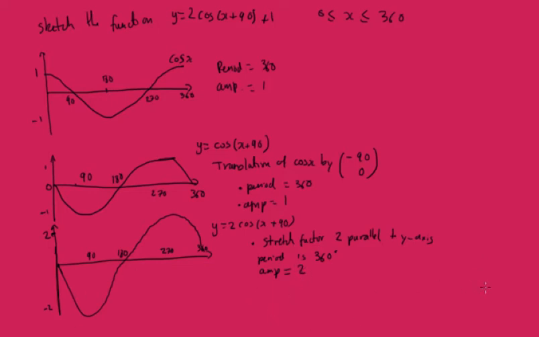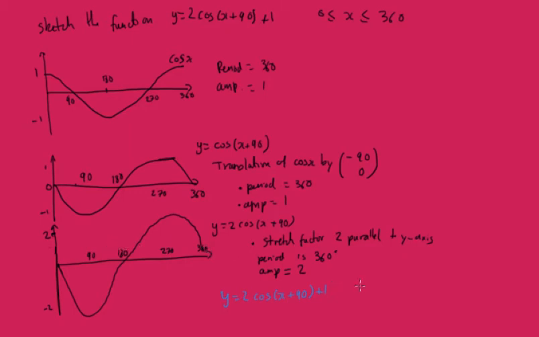Now I'm not going to have room to do another axis, so I'm actually just going to draw it on the same axis as this, but I'm going to change the colour so it doesn't get confusing. So now we want to do y equals 2 cosine x plus 90 plus 1.